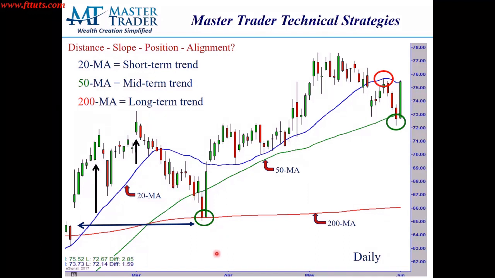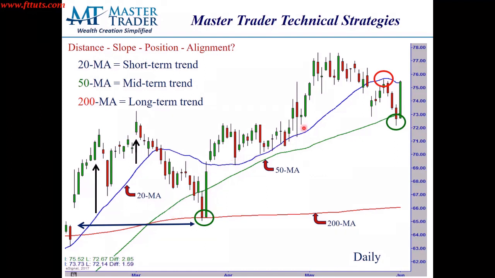Are they potentially below the moving averages? And alignment. Alignment of our moving averages. There's the 20 above the 50. There's the 50 above the 200, and so on. They might be crisscrossing, and we'll get to that. Now, but we're primarily focused on trend alignment.